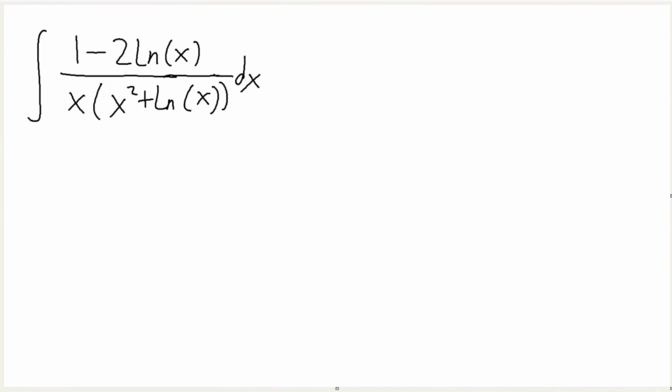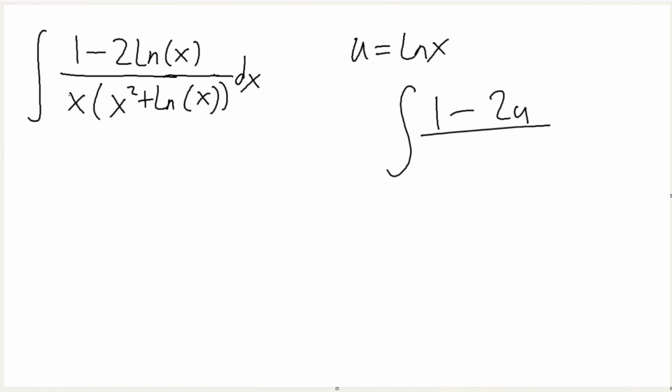Okay? Huh. Well, I mean, there's a bunch of ln of x's, and I have an x here, so I guess u equals ln of x, and that's like, what? That's going to give me 1 minus 2u. This comes from du, right? And then what do I do with x squared?